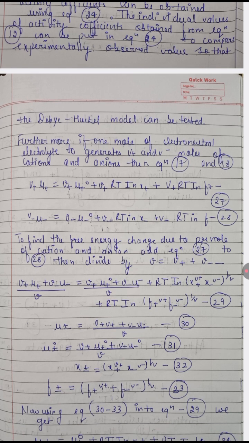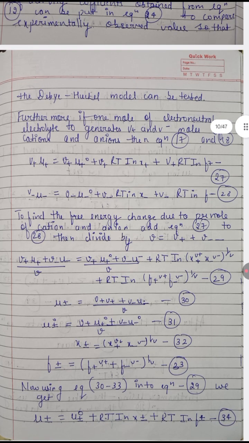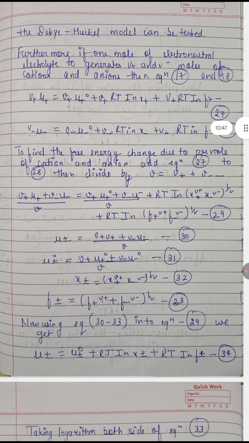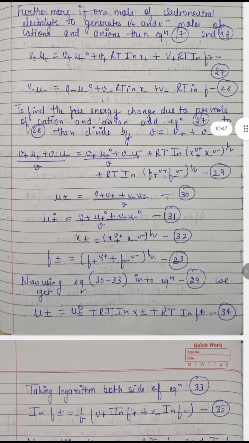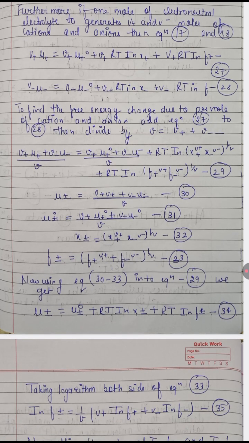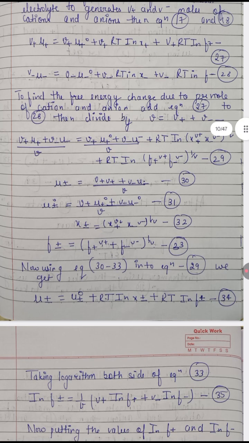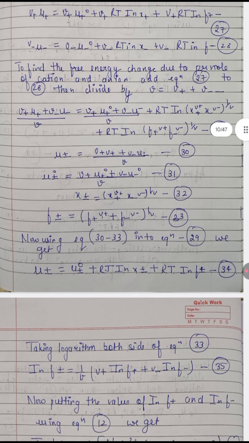The individual values of activity coefficients obtained from equation 12 can be put in equation 24 to compare with experimentally observed values so that the Debye-Huckel model can be tested. Furthermore, if 1 mole of the electroneutral electrolyte generates nu plus and nu minus moles of cations and anions, then from equations 17 and 18, nu plus mu plus equals nu plus mu naught plus plus nu plus RT ln x plus plus nu plus RT ln f plus, equation 27.